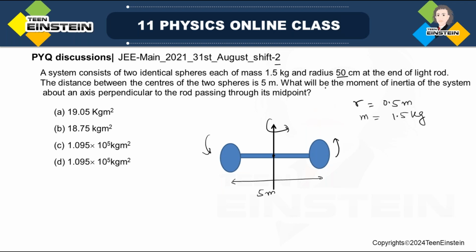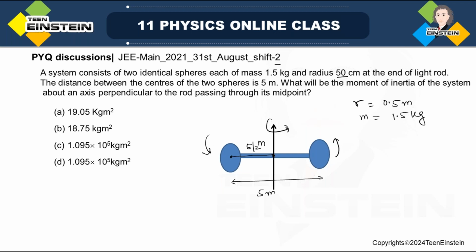So what will be the moment of inertia about that particular axis? This axis is perpendicular to the rod and passing through the midpoint. From the center, it is half of the center to center distance, so this will be 5/2 meter. Now what will be the moment of inertia of this system?